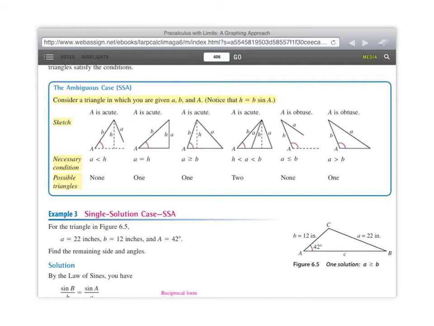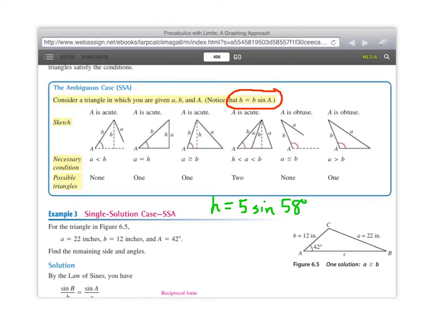And you're going to get this formula from your book. If you go to page 406, you find out that you get two solutions here if A is in between your height, which is really your altitude, and if it's greater than your height and less than your B. So if you use this fact right here, the H is equal to your B times your sine of A, for this problem right here, you're going to find out that your H is equal to your B, which is 5, times the sine of A, and your A is 58 degrees.